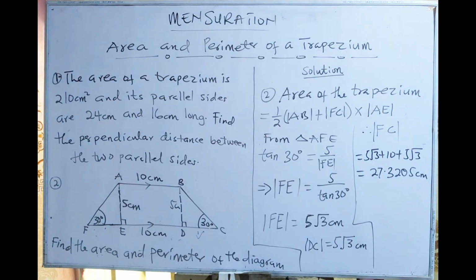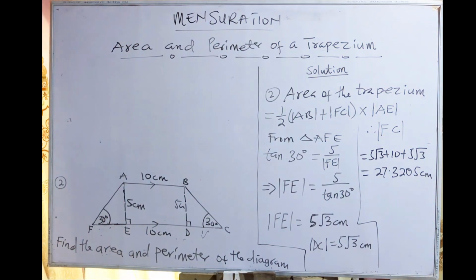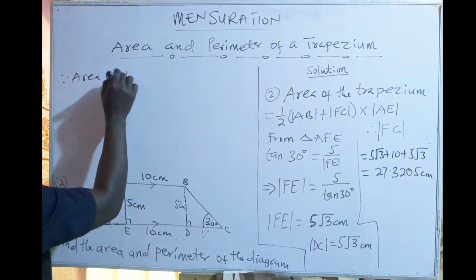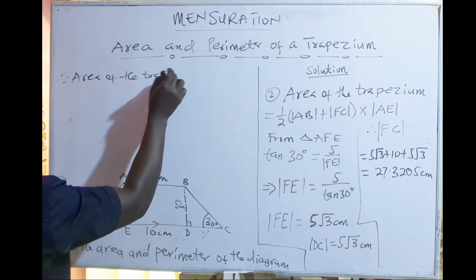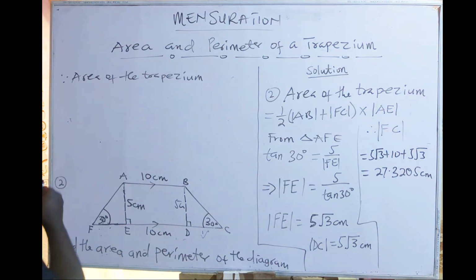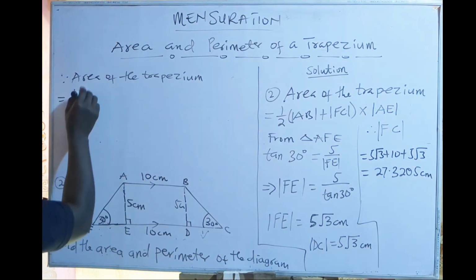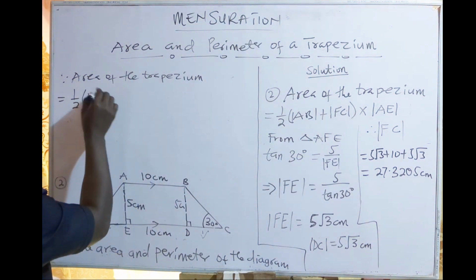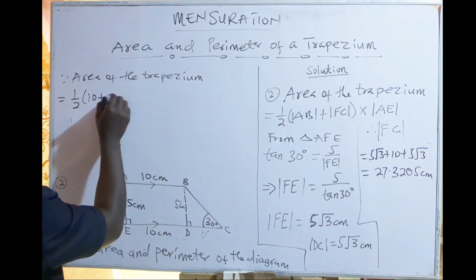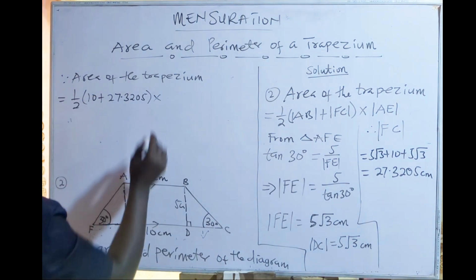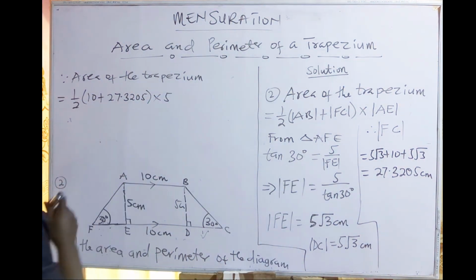Then now we can find the area. Therefore, the area of the trapezium will be equal to half times the sum of parallel sides. The parallel sides are AB, 10, plus 27.3205, multiplied by the height, which is 5 centimeters.